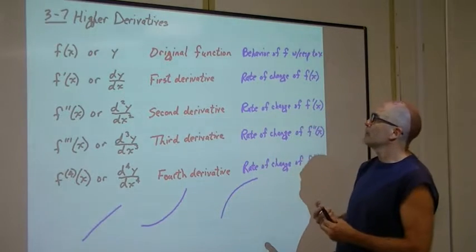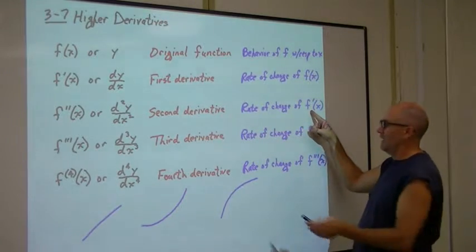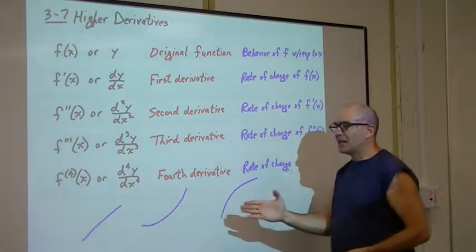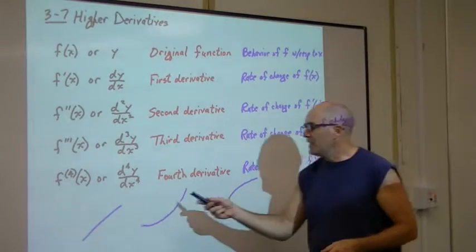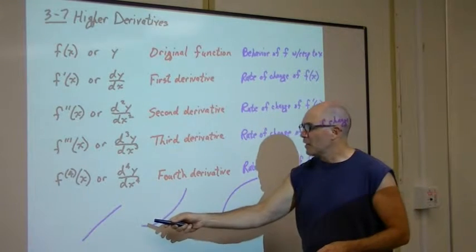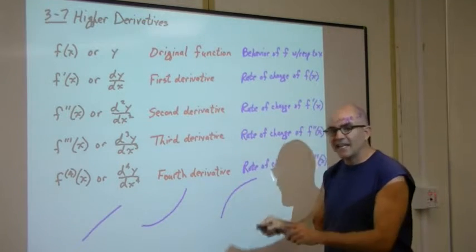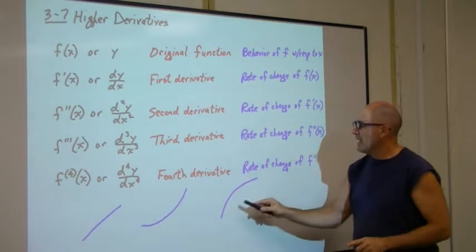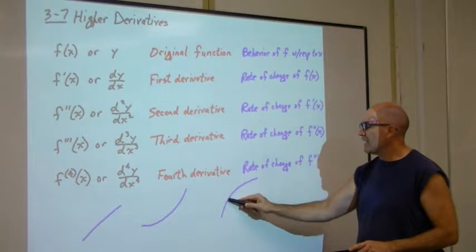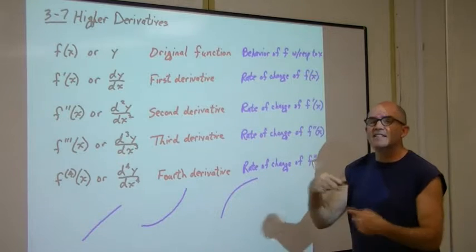In other words, the first derivative is getting greater as x gets greater. So this is increasing at an increasing rate. It's not only going up, but it's going up steeper and steeper and steeper. Now this is also increasing, but it's getting shallower and shallower. So it's increasing at a decreasing rate.